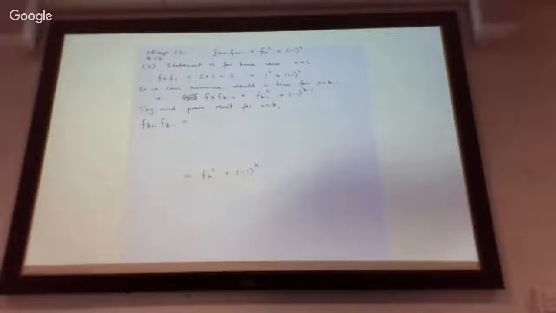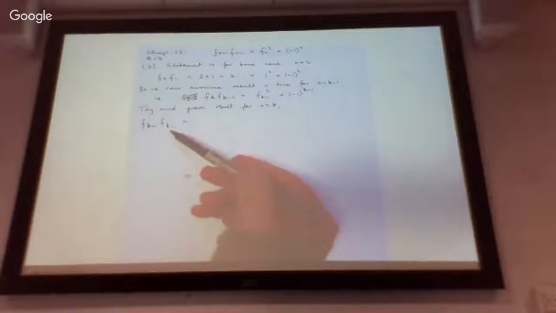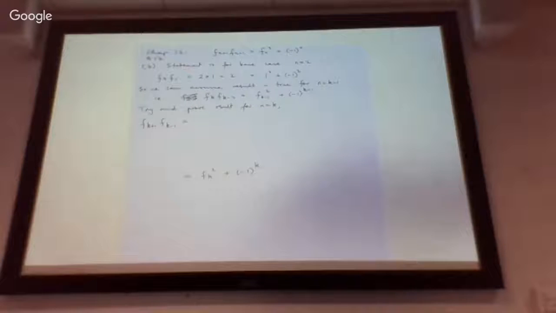So which one might I use? Well, I have to break down, you see the assumption talks about smaller numbers, k minus 2 and k minus 1. I've already got an f_{k-1} here, so maybe I should break down this first element. So I get rid of the high value of the index, k plus 1, and I replace it with ks and k minus 1s, which do feature in the assumption that I've made.